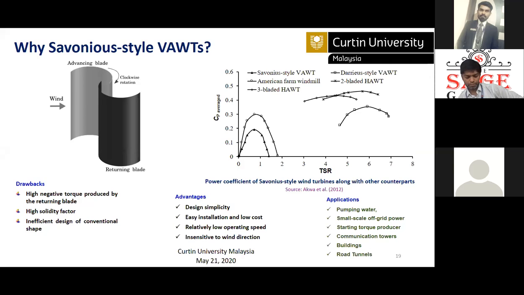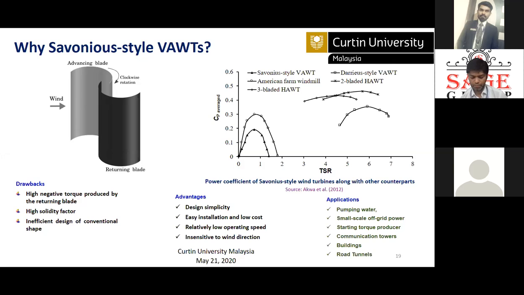They were installing the Savonius type vertical wind turbine under a bridge. A 1 kilometer tunnel is there, and there was a regular passing of cars. So to light the inside tunnel section, they wanted an alternative solution for the electricity. So they used Savonius technology there to light the vertical LED bulbs inside the tunnel.